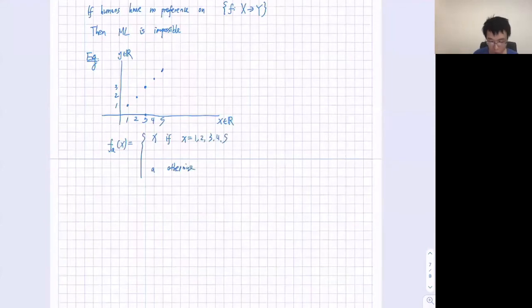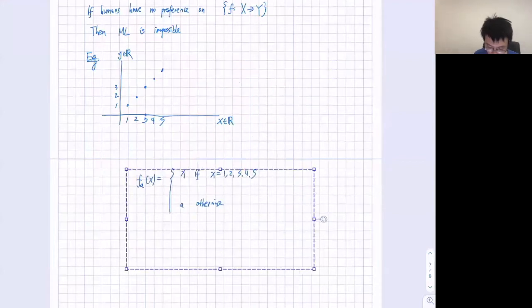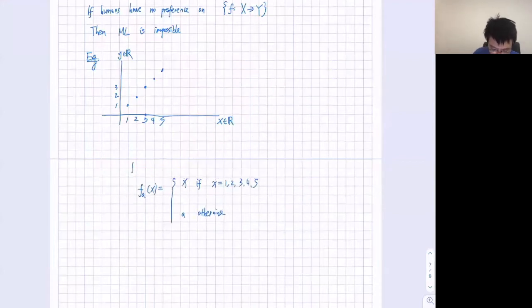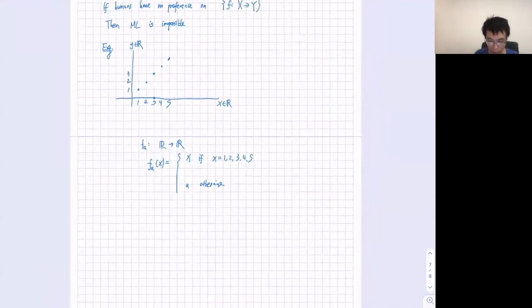You know, x is a real number. f_a is a function from R to R itself, and then I define f_a like this. Then all the functions look like this. a itself is a real number. So I have a set of functions. This set of functions is definitely a subset of all functions that map x to y, right?